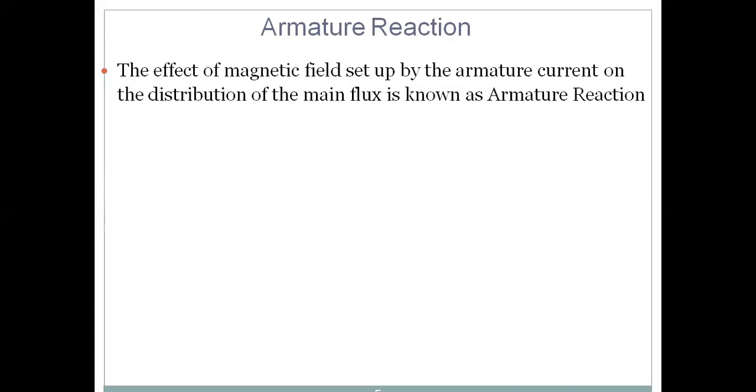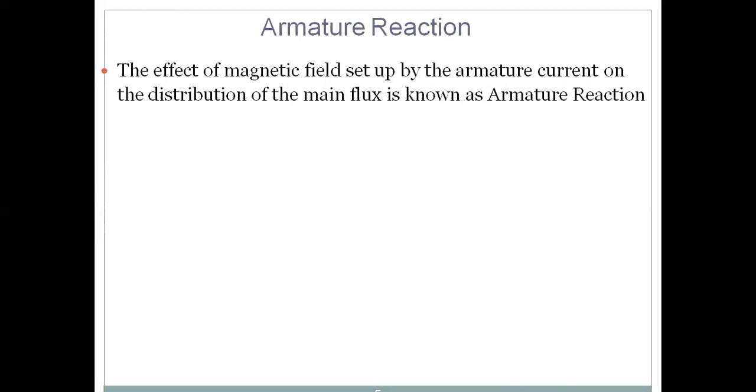It is a reaction set up by the armature current. When the armature passes some current, it develops armature flux. That armature flux gives a reaction on the main flux.